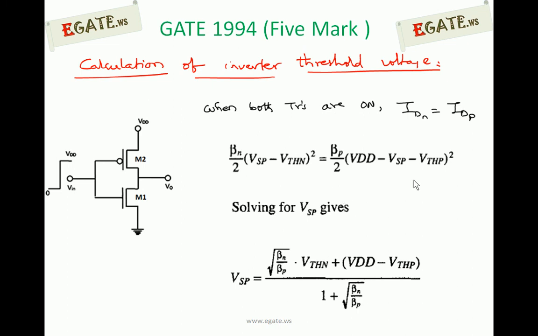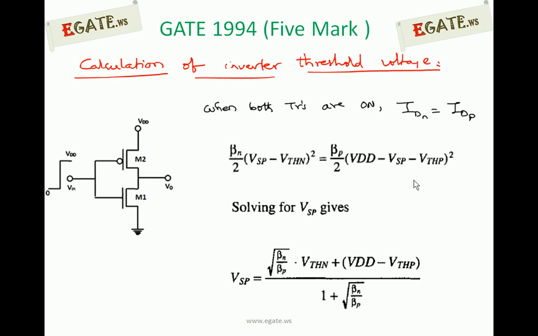VSP finally what we'll get is beta n by beta p into VTHN plus VDD minus VTP, by 1 plus square root of beta n by beta p. This is the switching threshold point or inversion threshold point for the CMOS inverter, and we can calculate it using this equation.